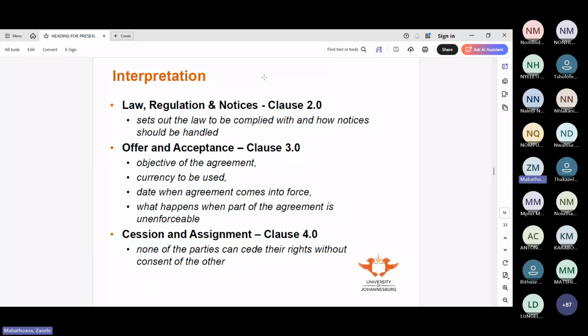So 4.3 says, notwithstanding the above, where a party cedes any right to any monies due or to become due under this agreement as security in favor of a financial institution, consent shall not be required, provided notice of such cession is timeously given to the other party. So let's say you're a contractor and you owe SARS, and SARS finds out that you're doing work for me and they want their money.